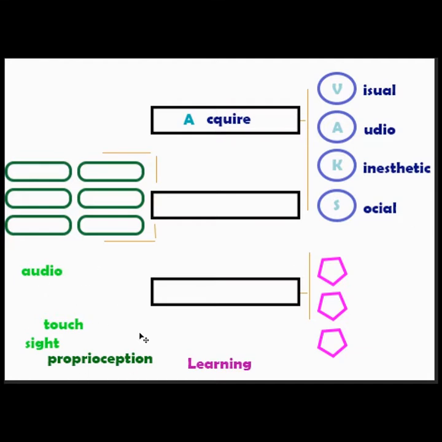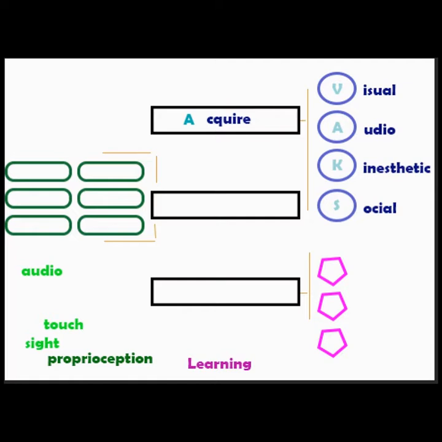And these roughly correspond with the senses. Both social and audio come into the audio sense. Kinesthetic is with touch, visual is with sight, and kinesthetic is also with this proprioception. So this is how we acquire this information. We get it into our brains.